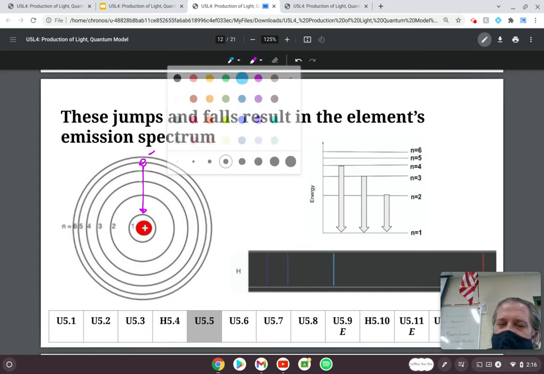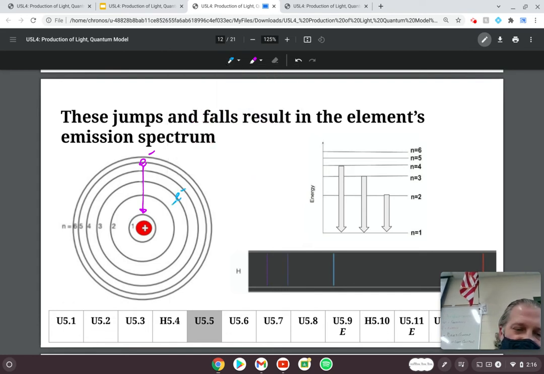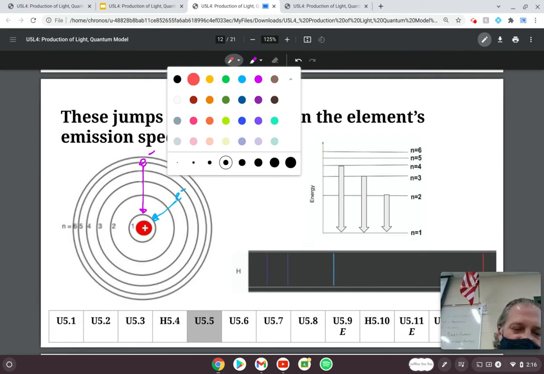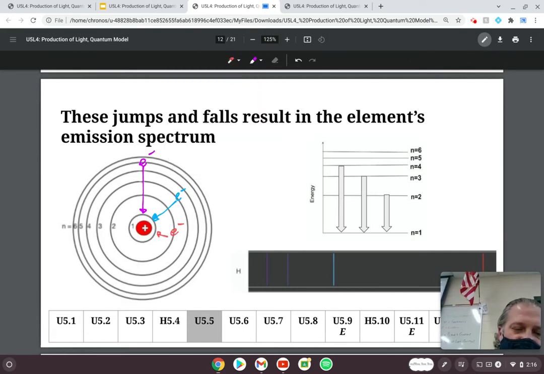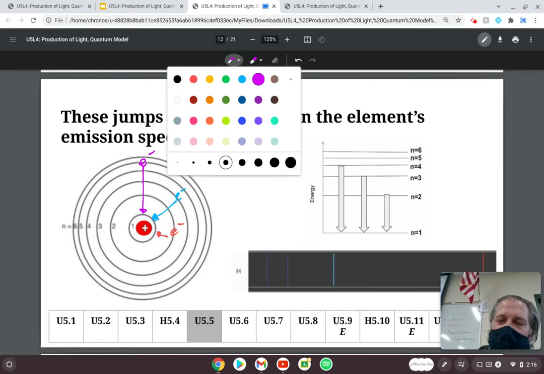I can have an electron jump from, say, here down to here. And I can have an electron fall from, say, here down to here.